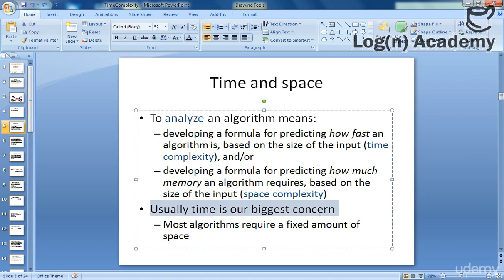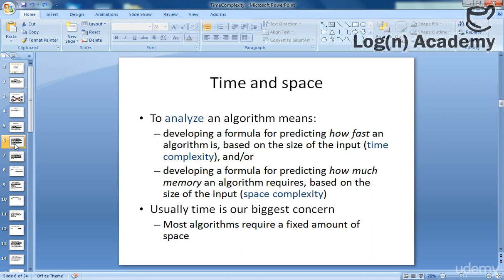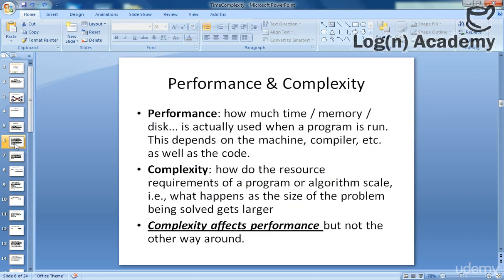So usually time is our biggest concern, and most algorithms require a fixed amount of space, which cannot be a big problem for programmers. So now we have two things, and moving forward, performance and complexity.